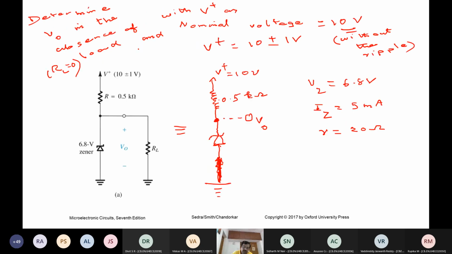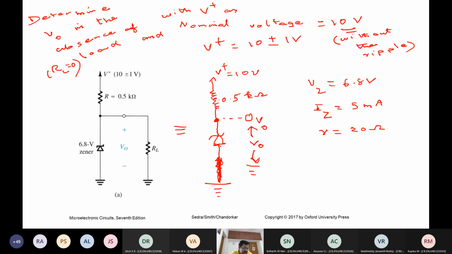If I know that, then I can calculate the output voltage, because I can operate anywhere. From 5 milliampere, I could have operated at 6 milliampere, 5.5 milliampere or 4.5 milliampere. What is that where I should operate?